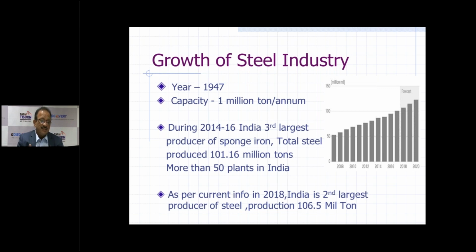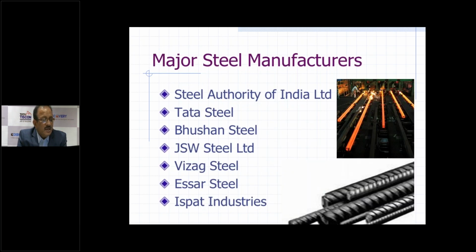As per the latest information, in 2018 India is the second largest producer of steel, and the production figure is 106.5 million ton. This is an interesting statistic we should have at the back of our mind.